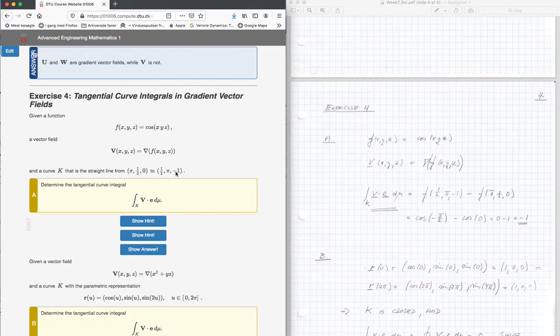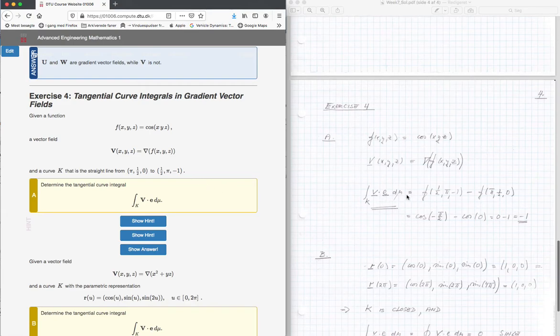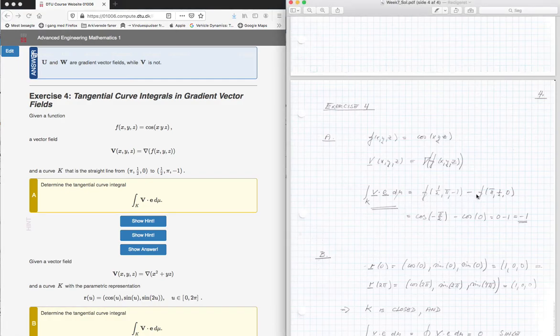But being a gradient vector field, this tangential curve integral, as it is called, is equal to the function evaluated at the final point minus the function evaluated at the first point, or the initial point.